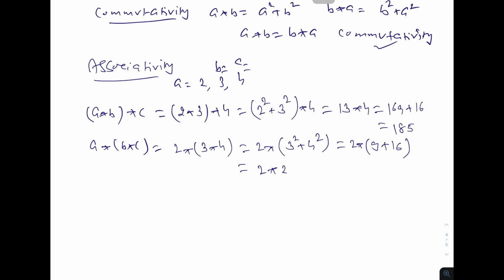So this is 2 star 25, and so it is 2 square plus 25 square. So this is 629, and you can see that these two are not equal. That means it is not associative.